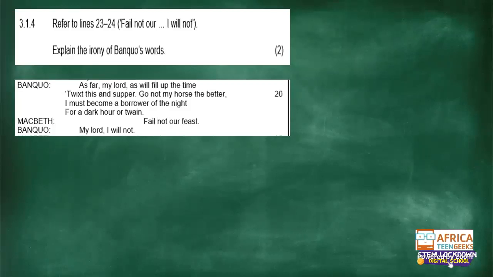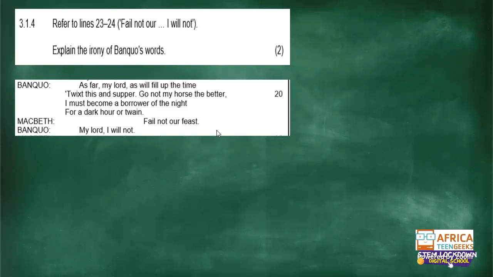So what do you think happened? Okay, guys, remember we said irony is the opposite of what is being said, right? So if they say explain the irony of Banquo's words, chances are Banquo did not arrive. That is why they are saying refer to lines 23 and 24.